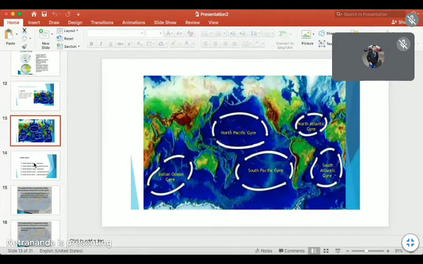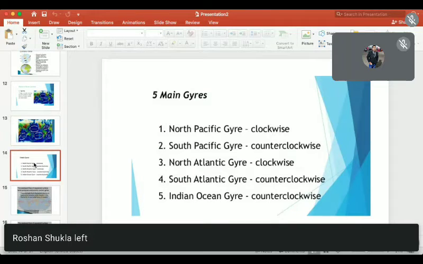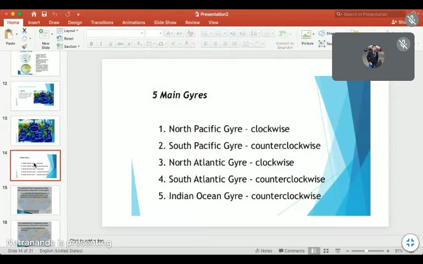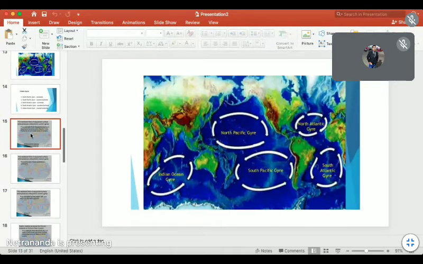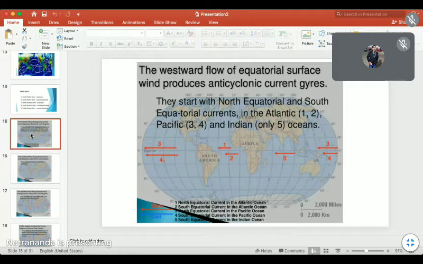So see these five main gyres, like the North Pacific gyre, which is clockwise. You can see all these gyres with the arrows, which is clockwise and which is counterclockwise. And here I am talking about when the westward flow of equatorial surface winds produces anticyclonic current gyres. They start with the north equatorial and south equatorial currents in the Atlantic Ocean, you can see 1 and 2 in red.